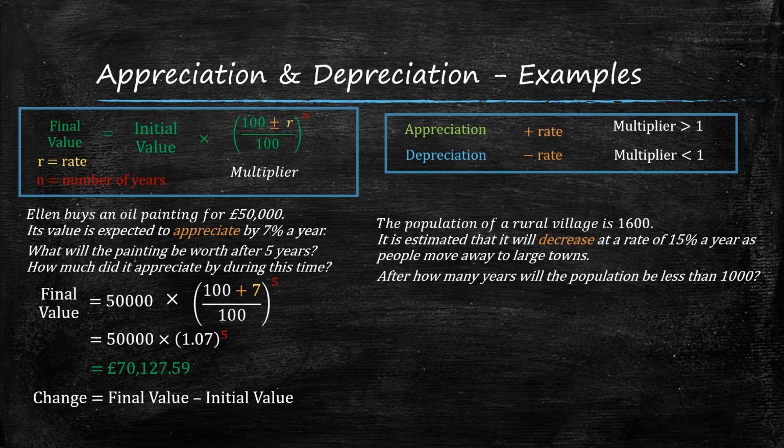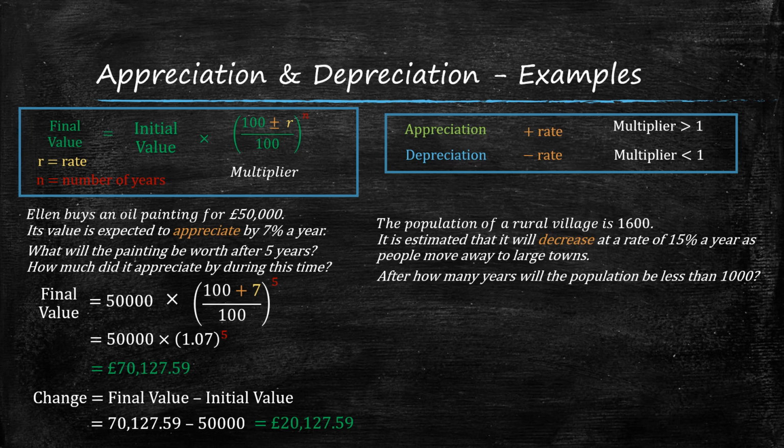So the change is equal to the final value minus the initial value, so that's 70,127.59 minus 50,000, so that gives us £20,127 and 59 pence. That's been an excellent investment for Ellen, as the painting has gone up in value considerably over that 5-year period. So keep in mind this was an appreciation question. Our multiplier will be greater than 1 as we will be adding the rate.